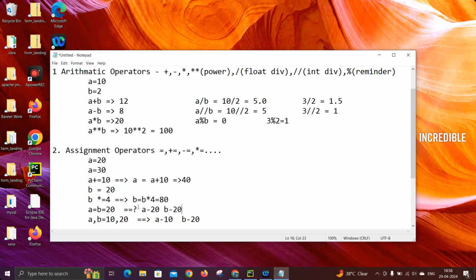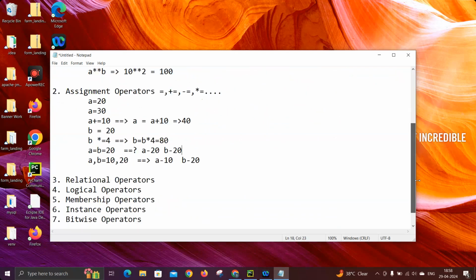So this is the one common difference between A = B = 20 and A, B = 10, 20. But this kind of assignment, Python supports. So multiple values and multiple variables we can assign at a time by using a single equal sign only. So this is all about the assignment operators we have in Python.